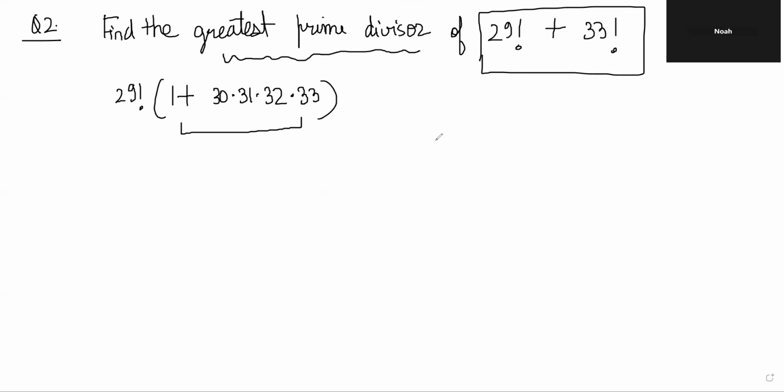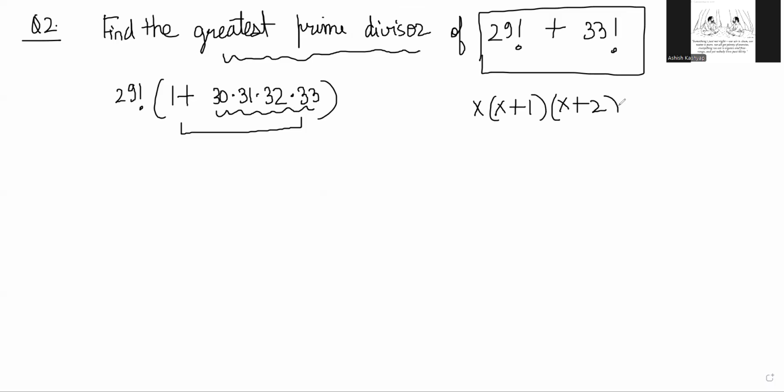Basically, we want to figure out how to simplify this. Obviously, I don't want to multiply and all, right? So basically, the expression is this: x into x plus 1, x plus 2, x plus 3, right? What grouping should I do?